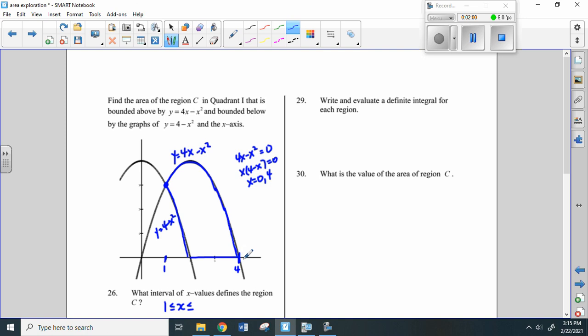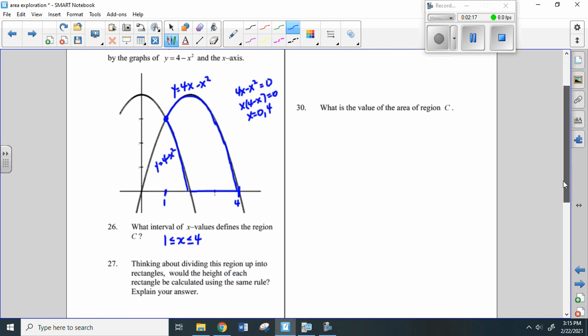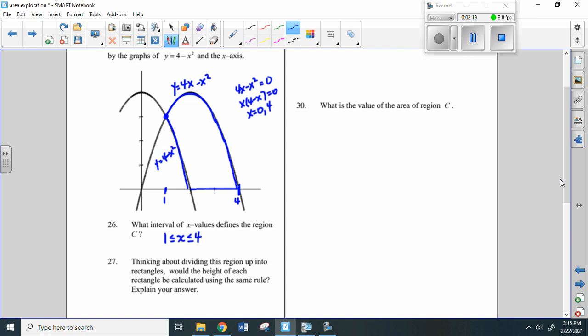Here's the 4 intersection point. So sometimes you will have to do that part on your own. So this region goes all the way from x equals 1 right here, all the way over to x equals 4.